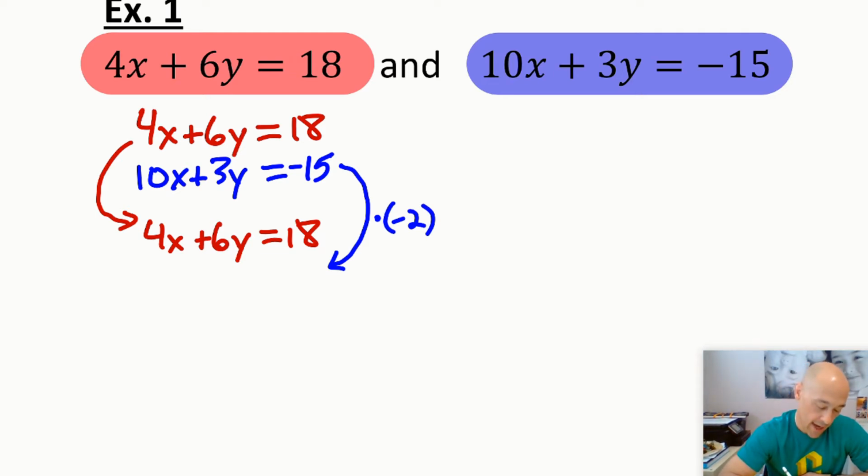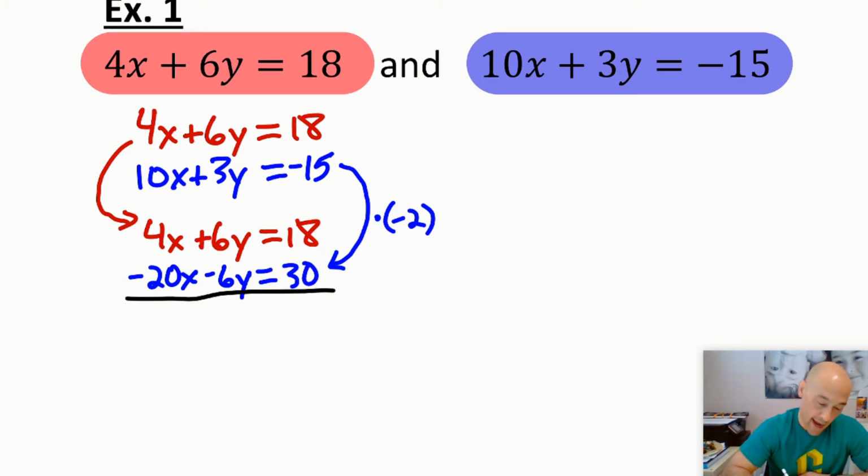I multiply every part by negative 2. So 10x times negative 2 is negative 20x. 3y times negative 2 is negative 6y. And negative 15 times negative 2 is positive 30.